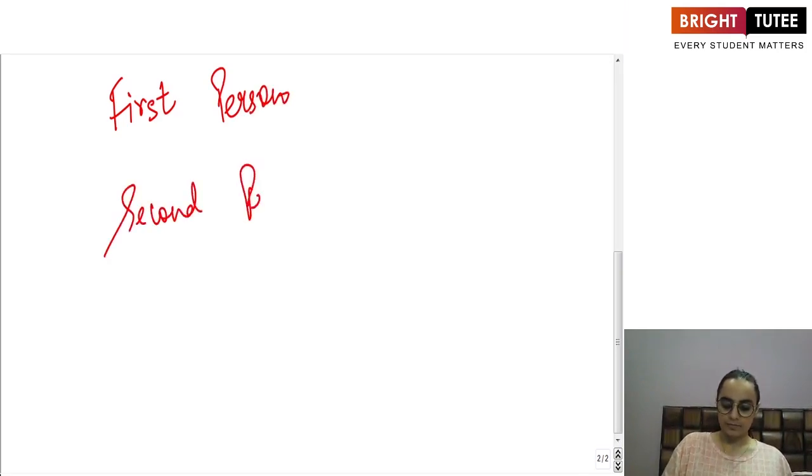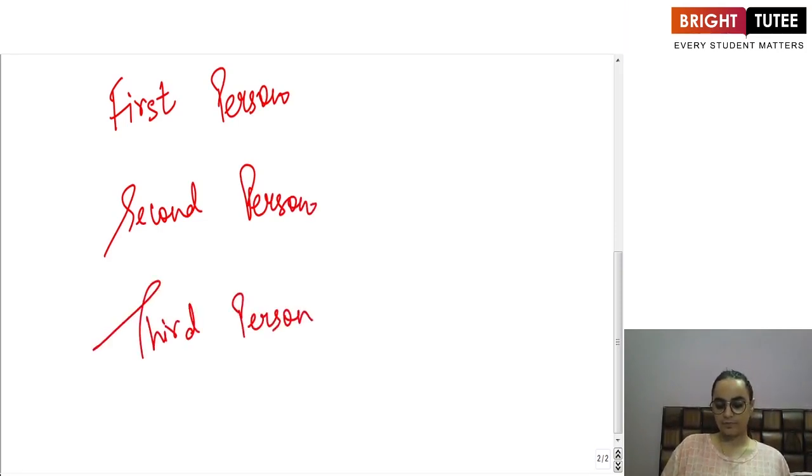second person, and third person. If we talk about first person pronouns, what are the first person pronouns? First person pronouns are those pronouns which are used for the person, singular, or for the persons who are speakers of the sentence.